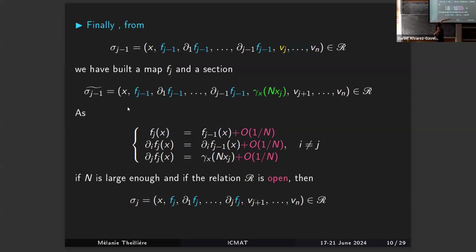The derivative which is not in the direction of corrugation is close enough to forget the error. And third, gamma is close enough to d_j l_j, so we can forget the error and we are still in the relation. So we managed to build a formal solution with one more partial derivative.